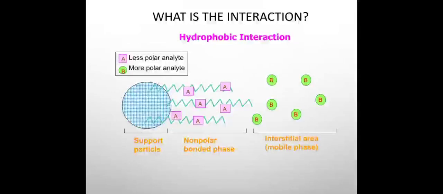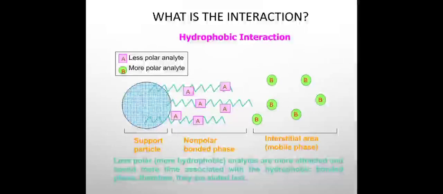Here A is the less polar analyte, and as shown in the diagram, B is the more polar analyte. The less polar means more hydrophobic in nature. What is meant by less polar? It means more hydrophobic in nature.